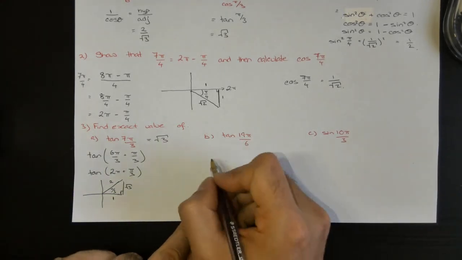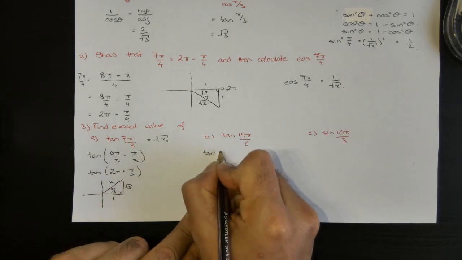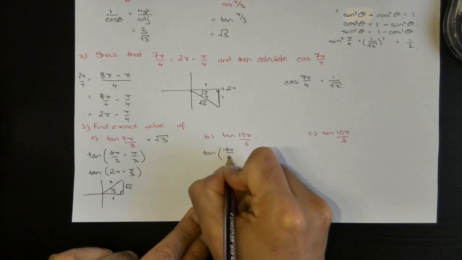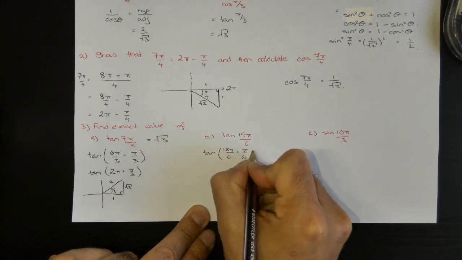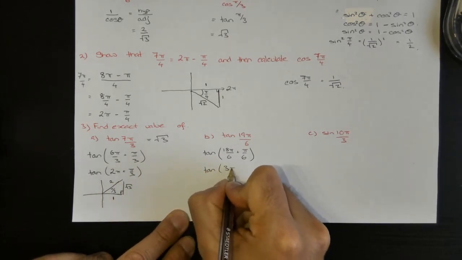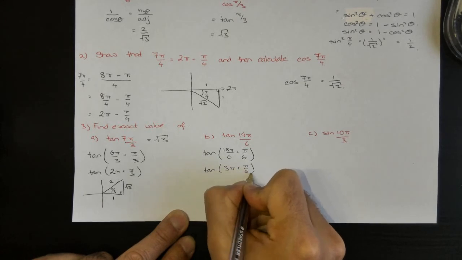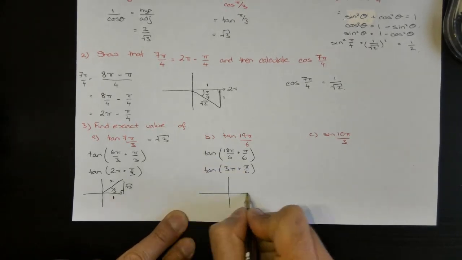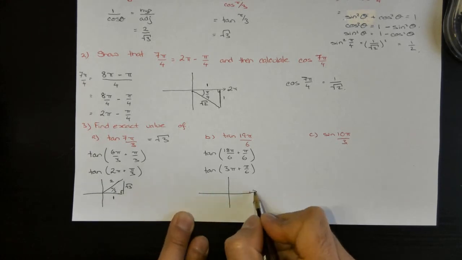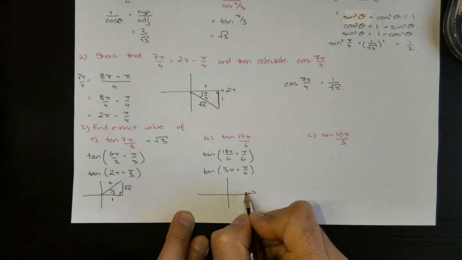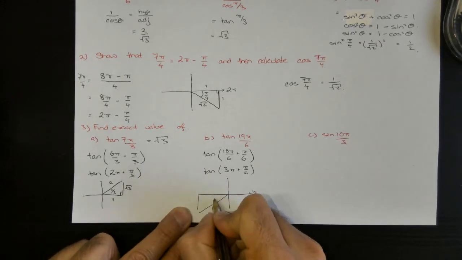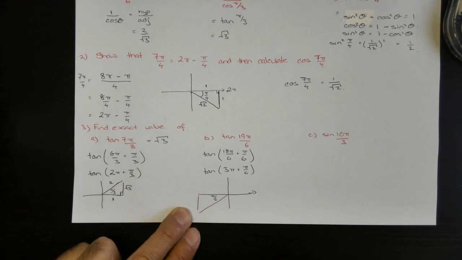Now I can think of this as tan of 18 pi on 6 plus pi on 6, which means I get 3 pi plus pi on 6. If I draw my Cartesian plane, 1 revolution is 2 pi plus an extra half, that's 3 pi, and then I'm going to add pi on 6.